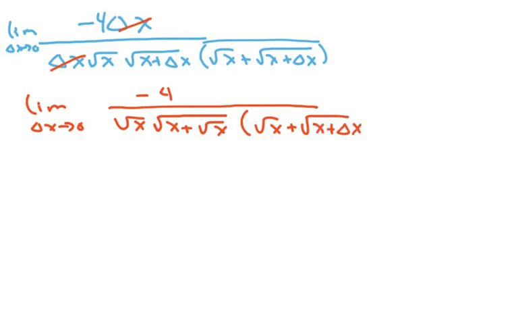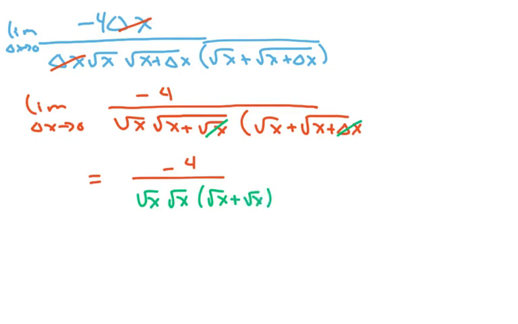All right, now I'm going to go ahead and plug in the 0, so you're going to get this equals negative 4 over this. If these are zeros, this is going to go away and this is going to go away. So basically what you get is square root of x times the square root of x times the square root of x plus square root of x.